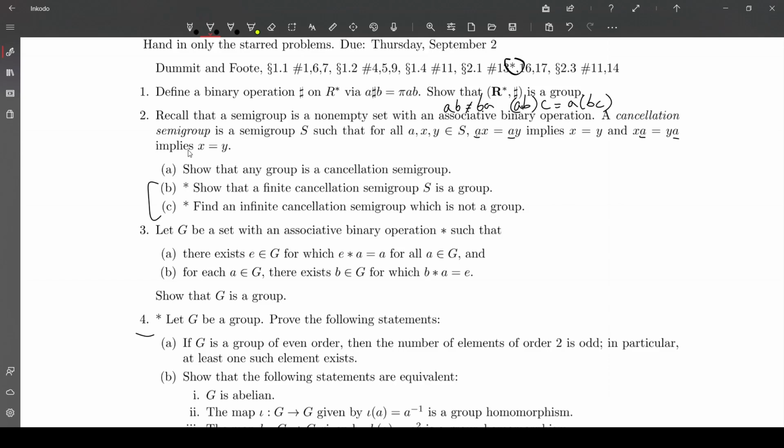Okay. So part B says, show that a finite cancellation semigroup is a group. Basically the way you do this is you say S is some finite set that's a semigroup, and I'm just gonna denote the operation by usual XY multiplication.